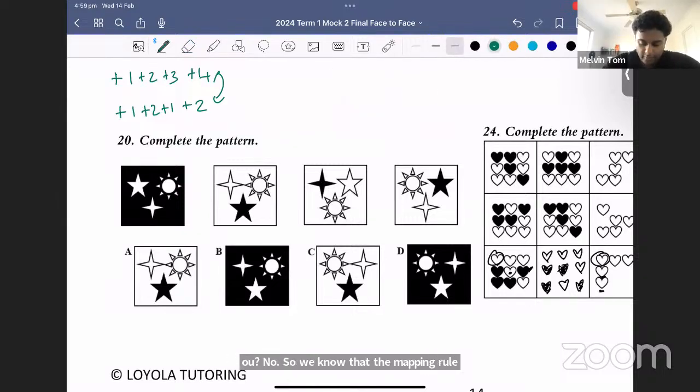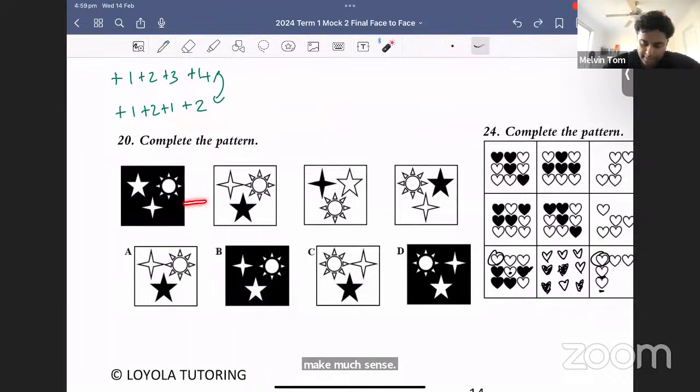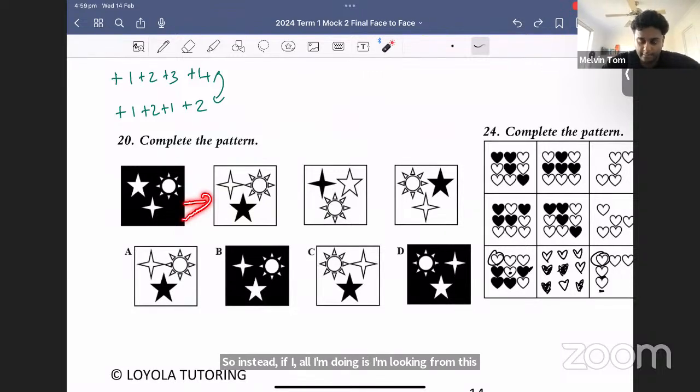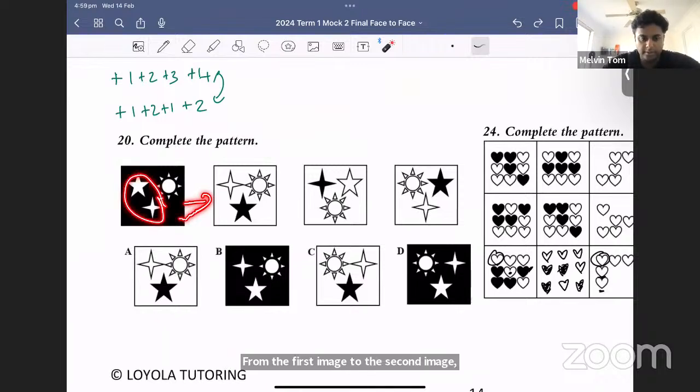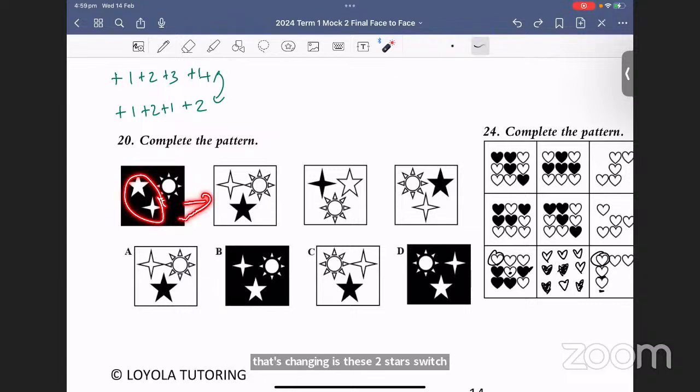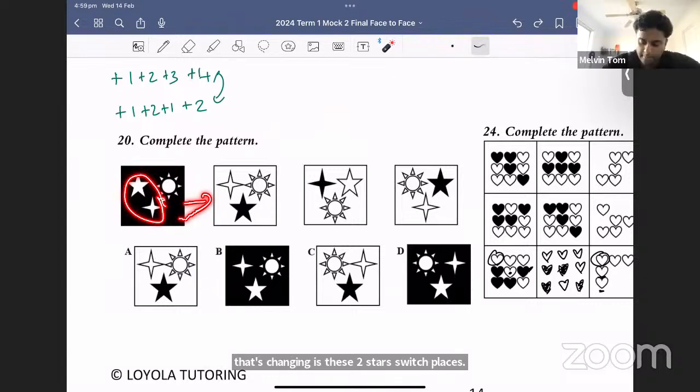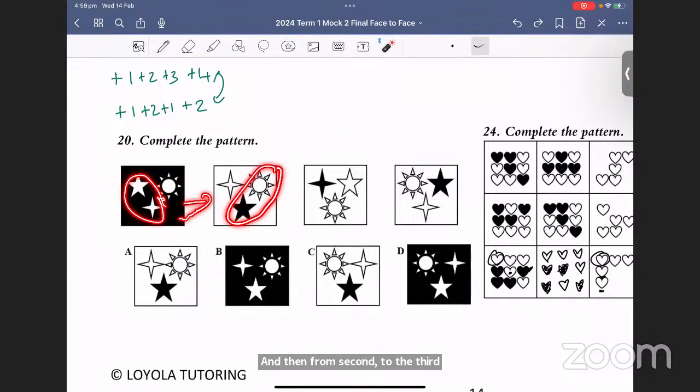So instead, all I'm doing is looking from the first image to the next image and seeing what's happening. From the first image to the second image, the only thing that's changing is these two stars switch places. Do you notice that? Yeah. And then from the second image to the third image, the only two things that change are these two swap places. Got it? Then these two swap places.